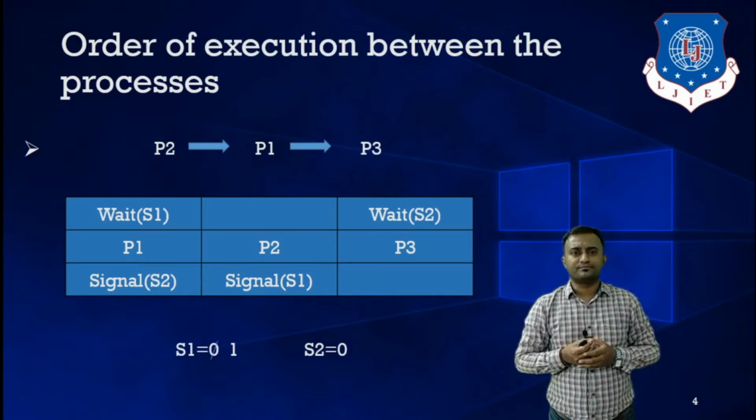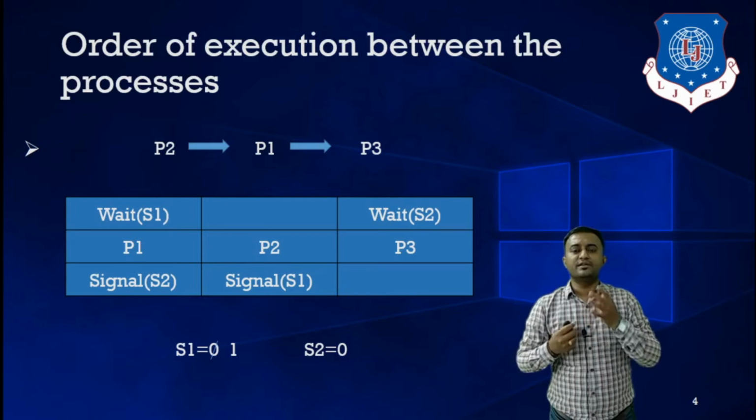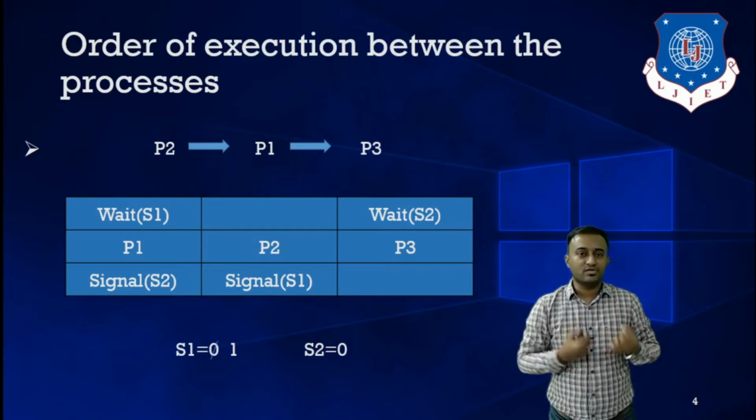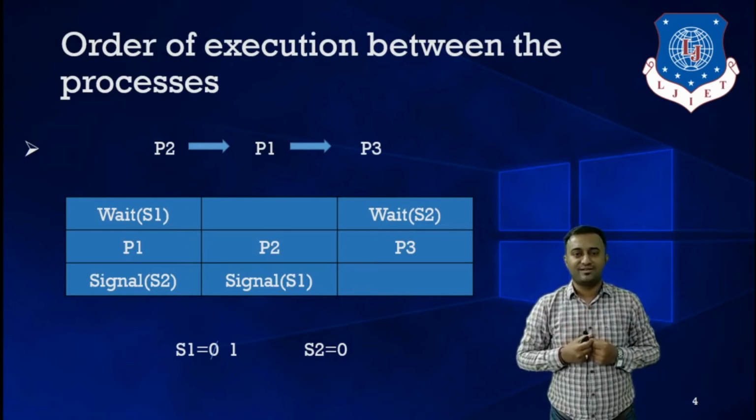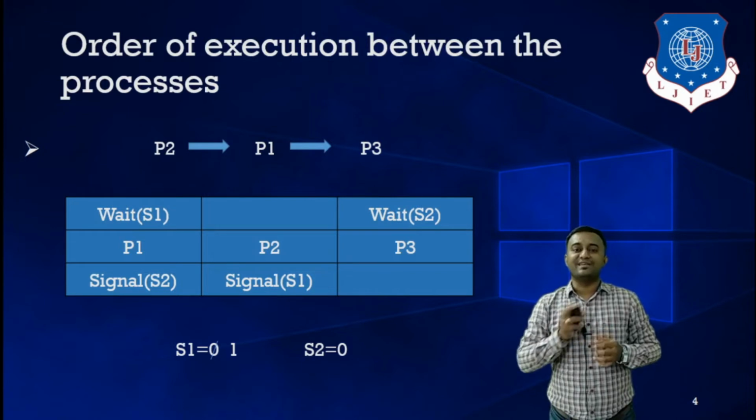For example, suppose the P2 process is intended to find the radius of a particular circle, P1 is intended to find the area of that circle, and P3 is intended to find the cost of that area. Definitely, first I need to find the radius of the circle, then the area, and then I can calculate the cost. So there is a dependency in this case.